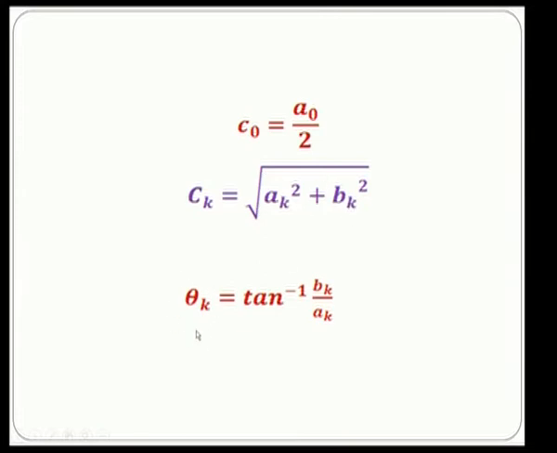If you want to find the phase representation of the complex coefficient, then it is represented as theta k equal to tan inverse of the imaginary coefficient by the real coefficient, which is bk by ak.